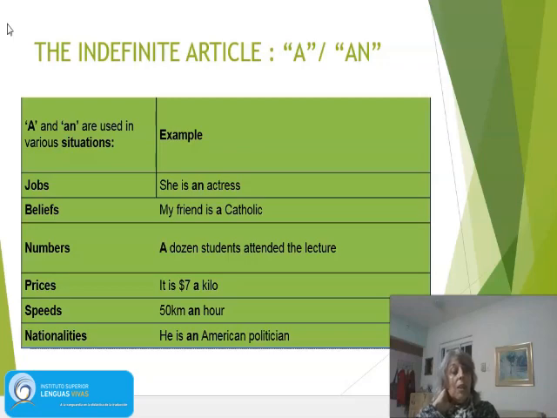In the case of a, it is not written here, but the word university begins with a sound called a semivowel, and we don't use an university. No, it is incorrect. We use a university.